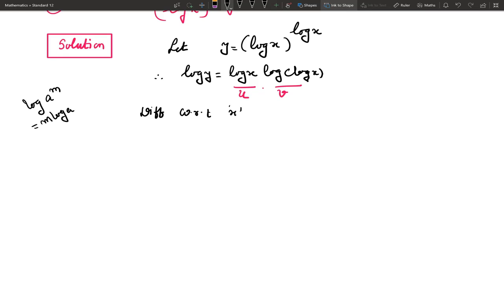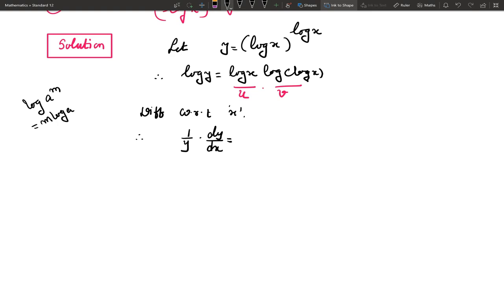Y is an implicit function of x. On the left hand side, derivative of log y is 1 upon y into dy by dx by chain rule.